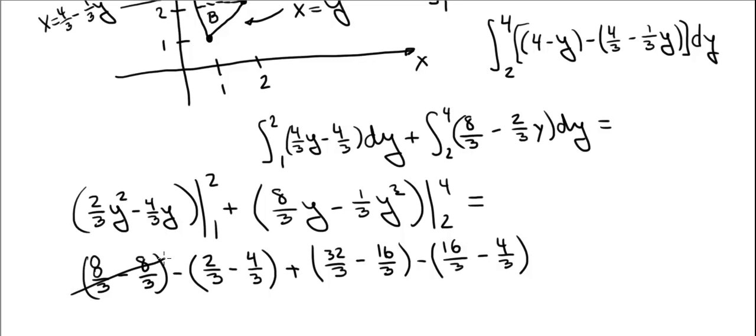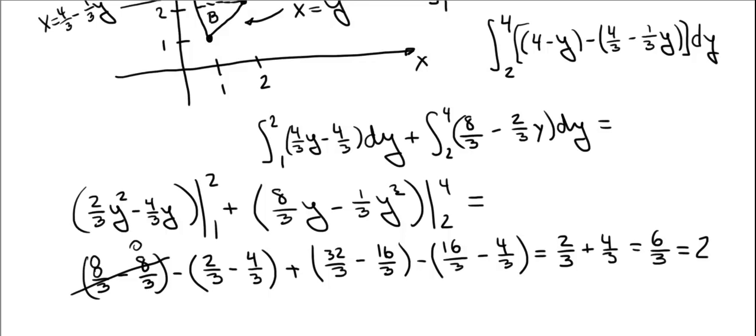So this is 0. 2/3 minus 4/3 is negative 2/3, and the minus in front of that gives us positive 2/3. 32/3 minus 16/3 is 16/3. 16/3 minus 16/3 is 0. Minus a minus 4/3, we add 4/3. So the answer is 6/3, and once again that's equal to 2, just like it was before. So we have 2 as the answer, integrating either with respect to x or with respect to y.